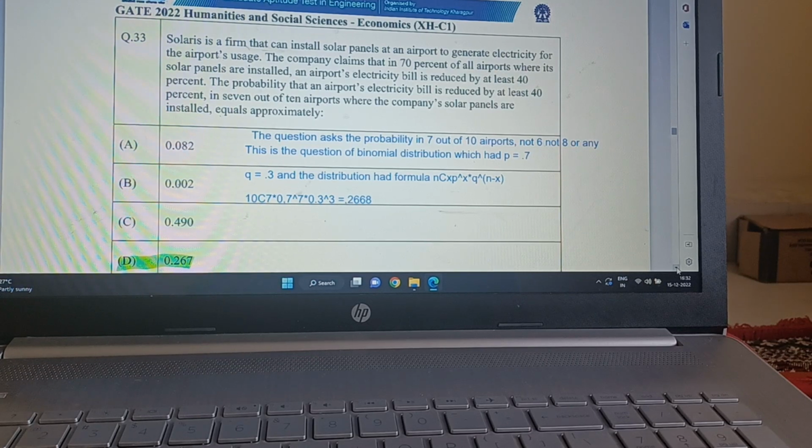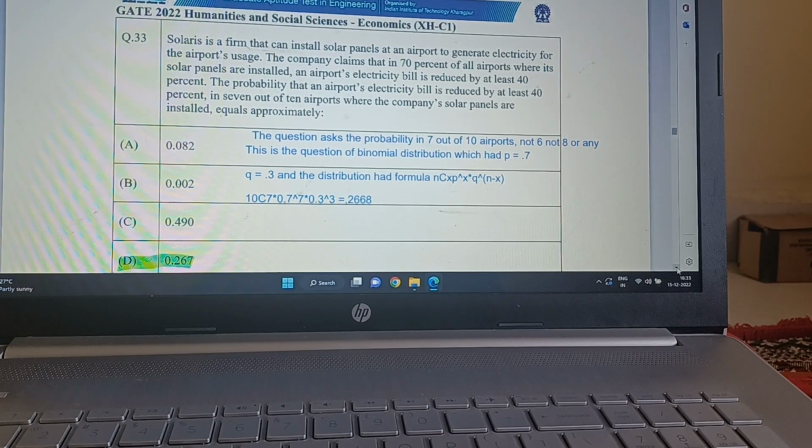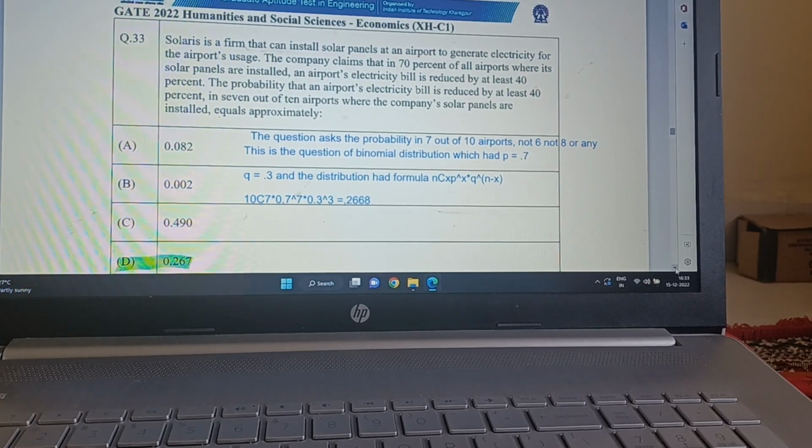Okay, that means this firm reduces electricity cost with 70% probability. Now, the probability that an airport's electricity bill is reduced by at least 40%, which is the claim of this company, in 7 out of 10 airports where the company's solar panels are installed, equals approximately.